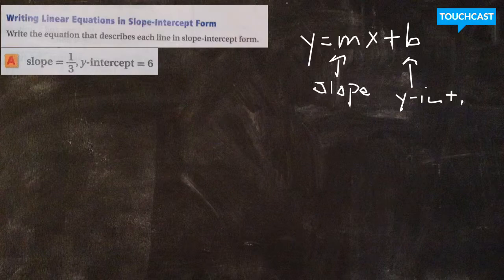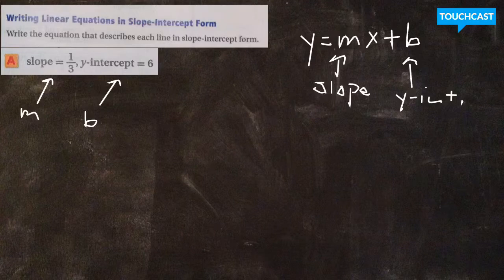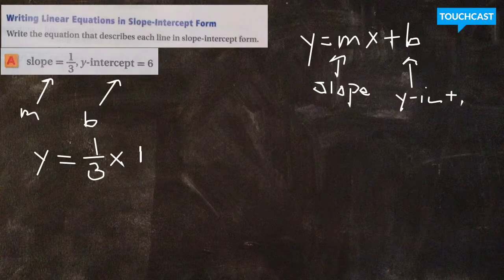So did they tell us what the slope and the y-intercept were in our problem? Well, they told us that the slope is 1/3, so that's m, and the y-intercept is 6, that's b. So to put this into slope-intercept form, all we're going to do is plug 1/3 in for m and 6 in for b. So the equation will be y equals 1/3 x plus 6. And that's it.